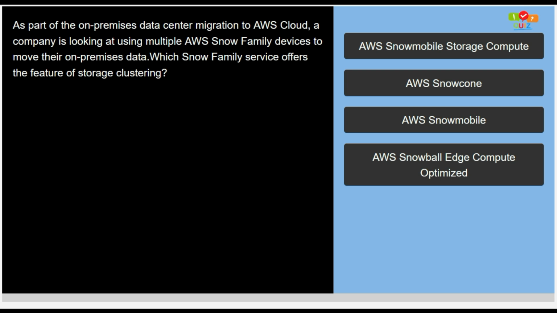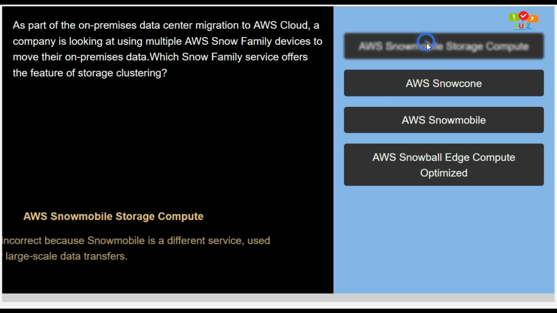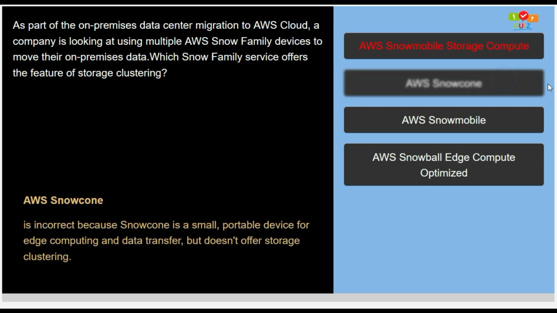Time up. Now let us analyze the answers. Let us start with option 1, AWS Snow Mobile Storage Compute. This option is incorrect because Snow Mobile is a different service used for large scale data transfers. Okay, so this is your incorrect option.